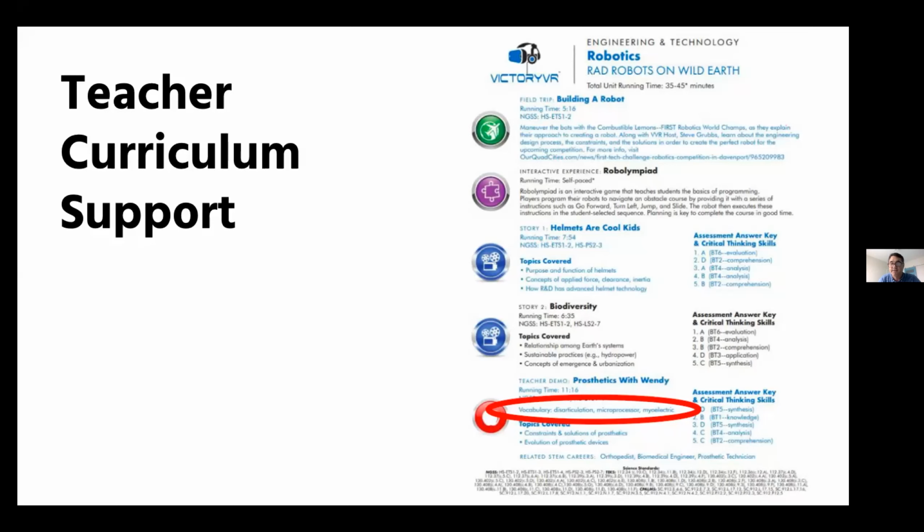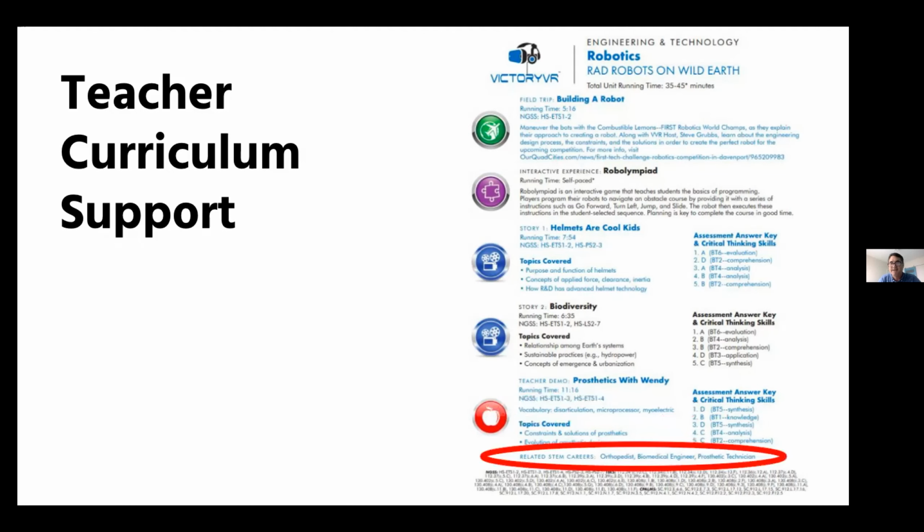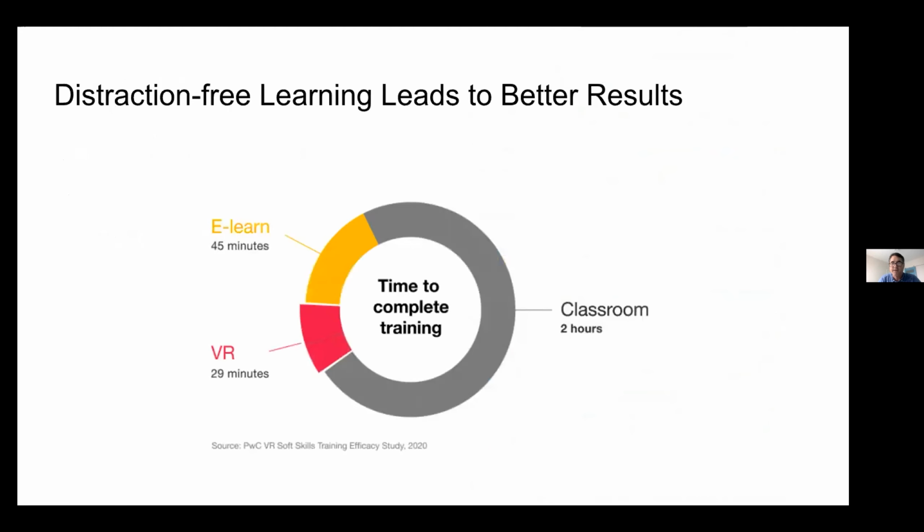Like this one has disarticulation, microprocessor, myoelectric. So it makes it easy for the educator. And then it even has a little piece on related STEM careers that could be a part of the discussion. So it's a premium education product more than a code product.